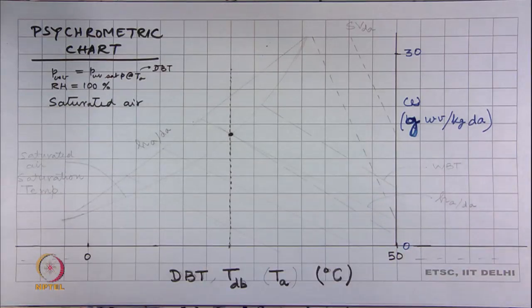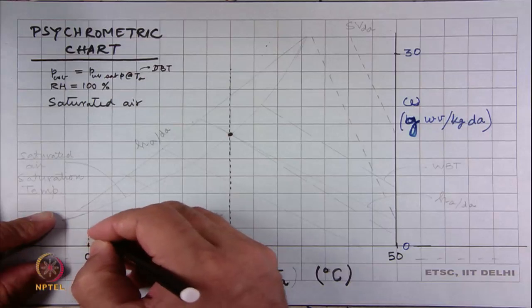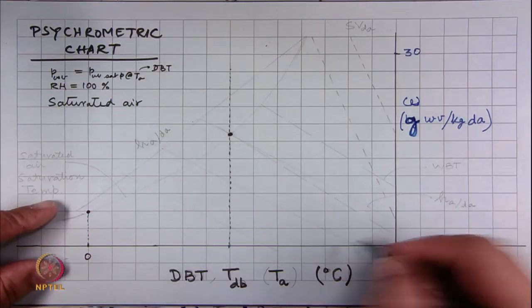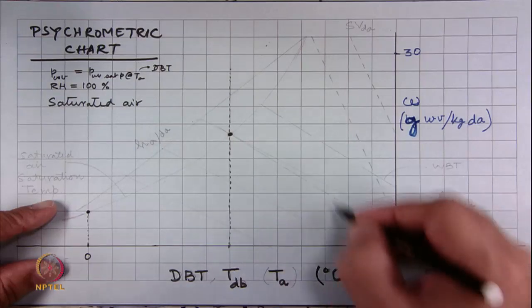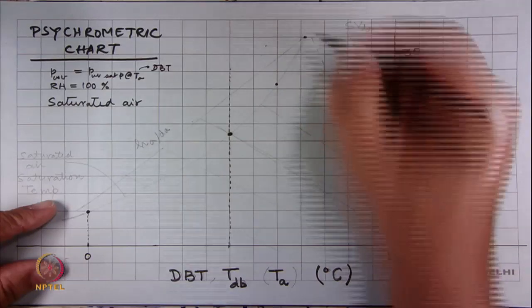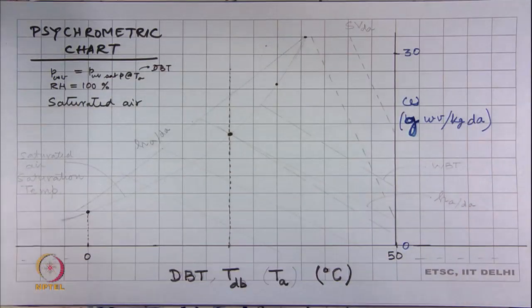So, that is one thing we got. And now we could do the same thing for every temperature. So, take 0 degrees Celsius and we will get this point. We take anywhere here 30, 35, 40 degrees Celsius and we start getting these points, and you start seeing that you get a locus of points which are telling you that the air is saturated.